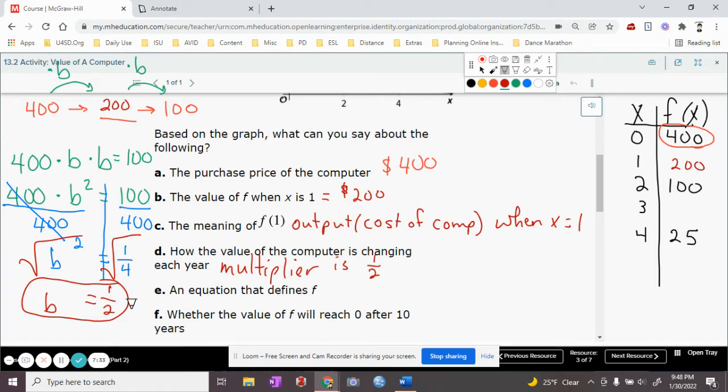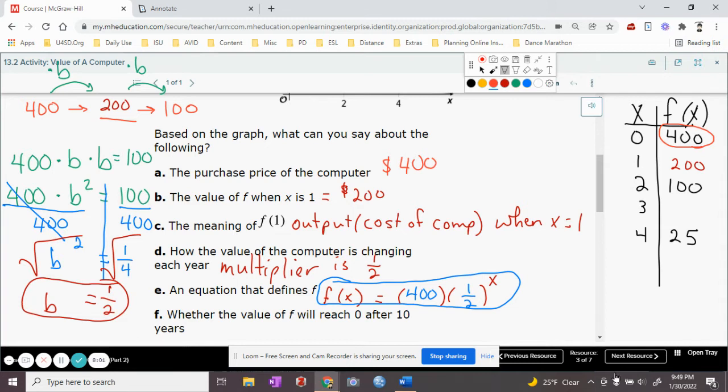And then our equation, f of x equals our starting value times our multiplier to the power of x. We said our starting value was 400. Our multiplier is 1/2. So this is our equation. f of x equals 400 times 1/2 to the power of x.